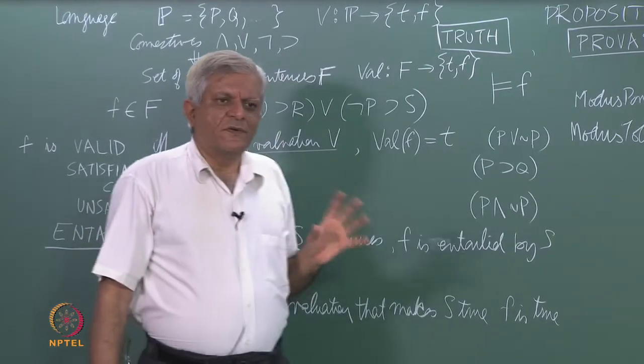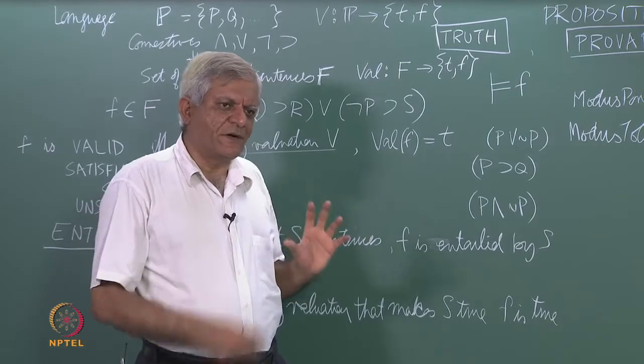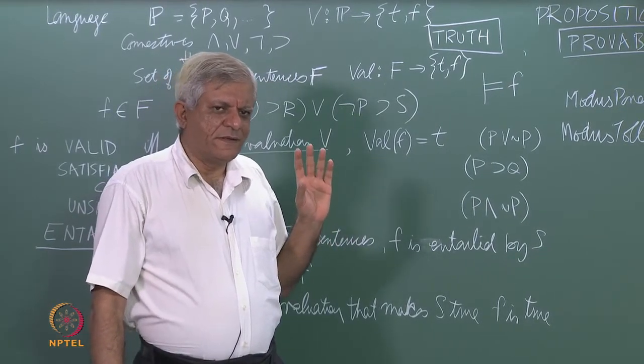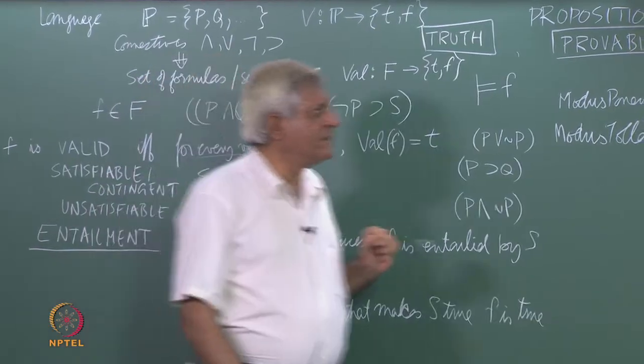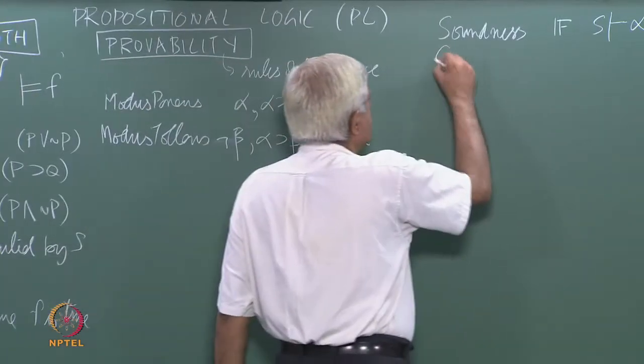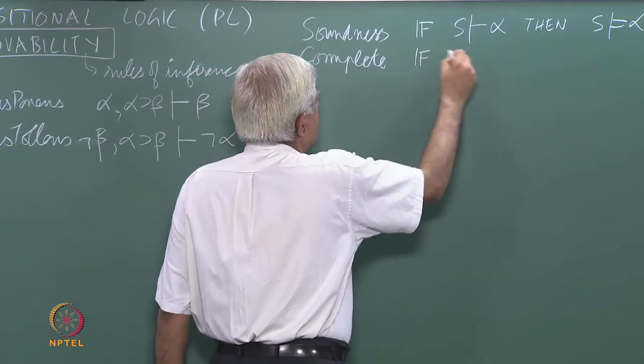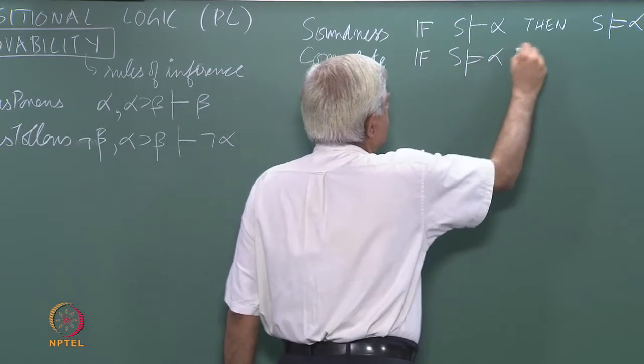We say that a rule of a logic system is sound if anything that can be derived is entailed as well, and on the other hand, a logical system is complete if anything that is entailed can be derived.